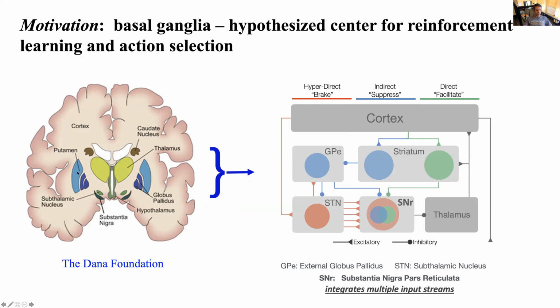We have the globus pallidus, for example, and substantia nigra. The basal ganglia gets a lot of attention because it is a major site for the release of dopamine, a major reinforcement chemical. So it's associated with reinforcement learning and reward, and it's hypothesized to play important roles in action selection and decision making.